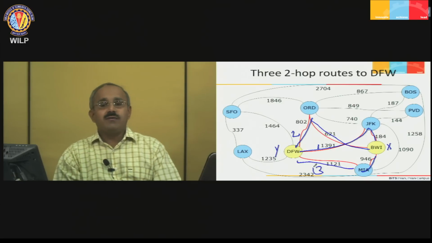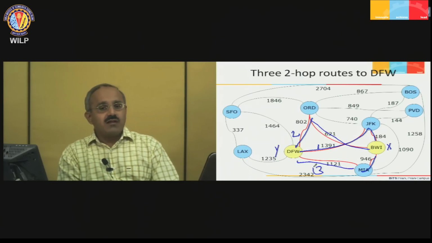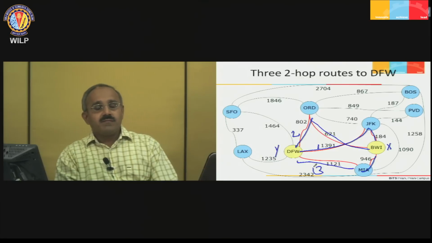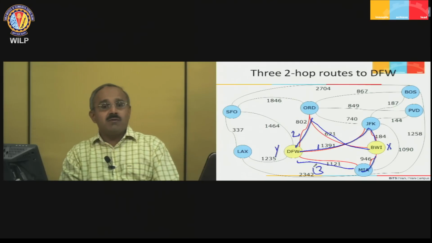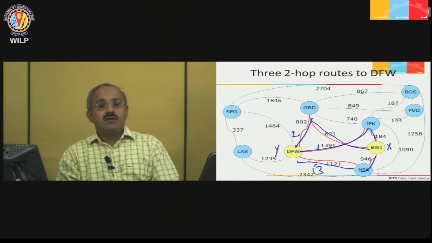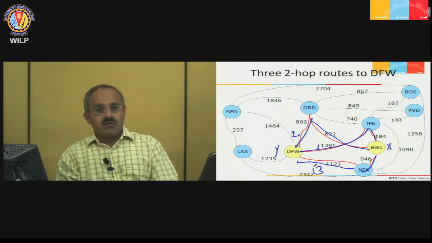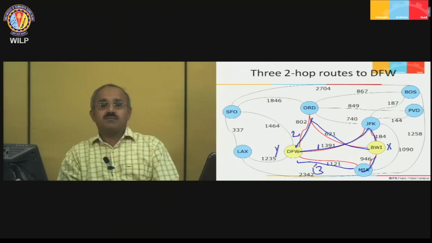So, we see that if we have the criterion as minimum number of hops in a weighted graph, then there can be many such paths, and in general it might happen that the one which has the minimum number of hops may not actually be the most efficient or the one which is least.